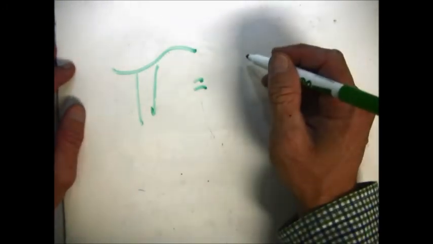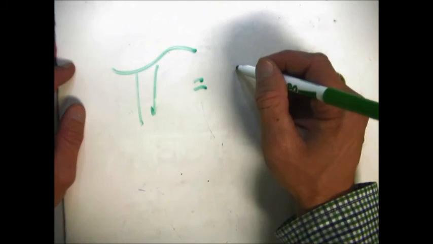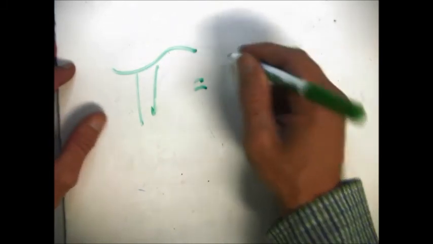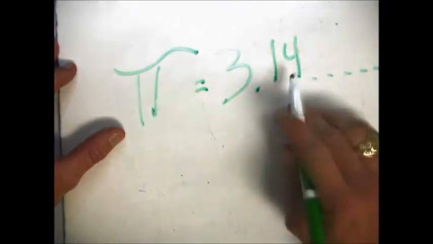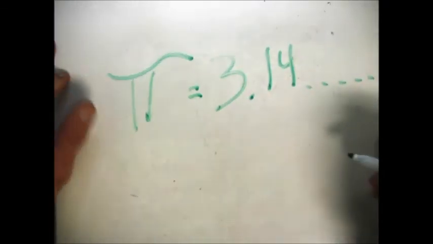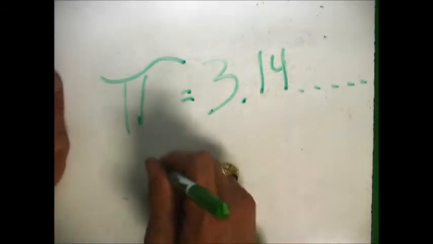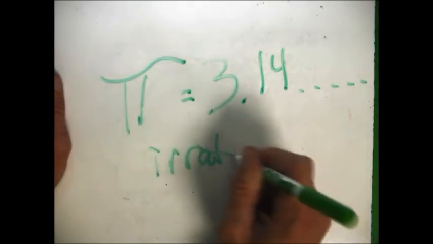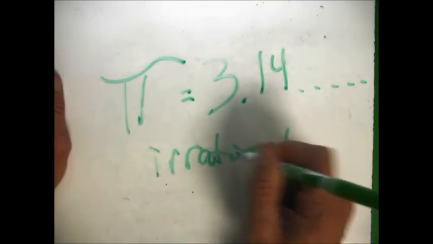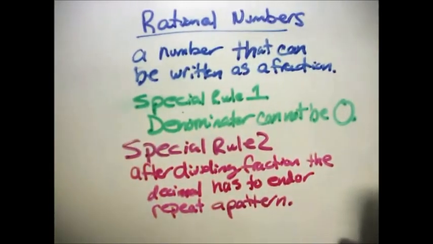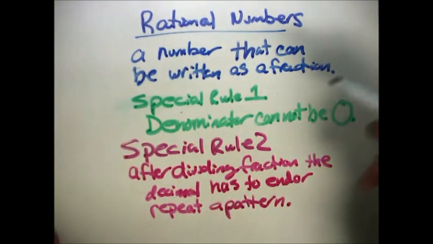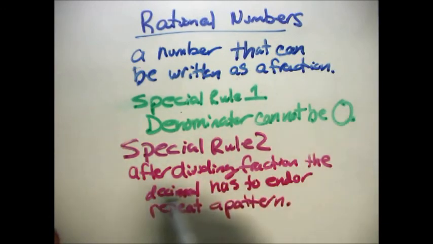Pi written as a fraction, you could write it as 22 over 7, but it's 3.14, and then it just continues to go. And there has not been a repeating pattern. So pi is actually irrational. Irrational because it does not follow these rules here. So I hope that does help.